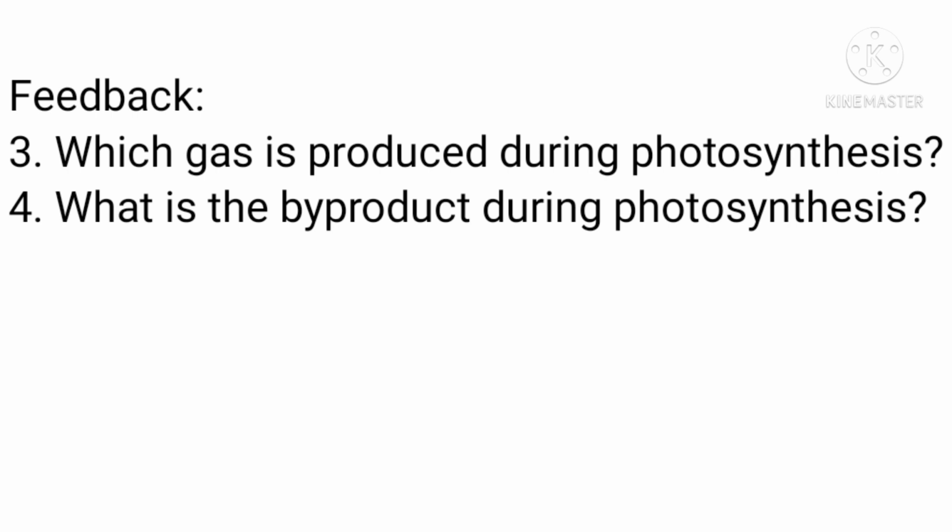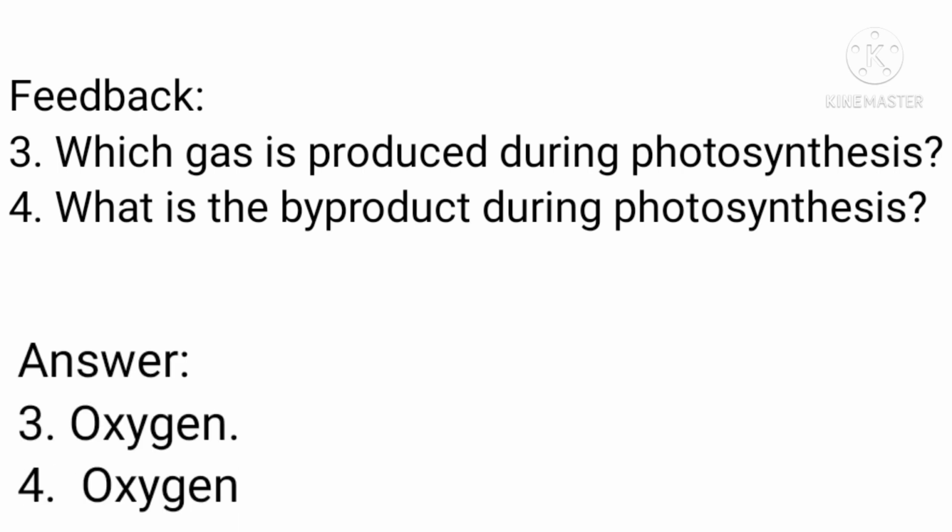The answer is oxygen. Oxygen is the byproduct which is produced during photosynthesis, and the main product is glucose. So the answer to question number 3 is oxygen, and the answer to question number 4 is oxygen.